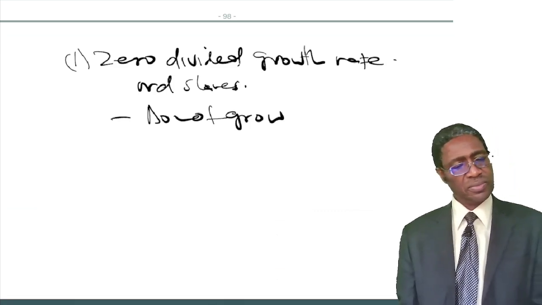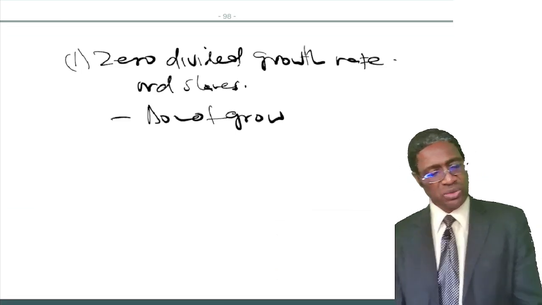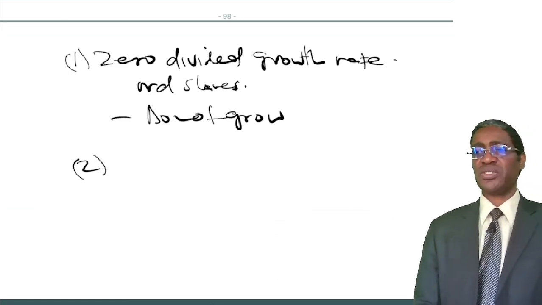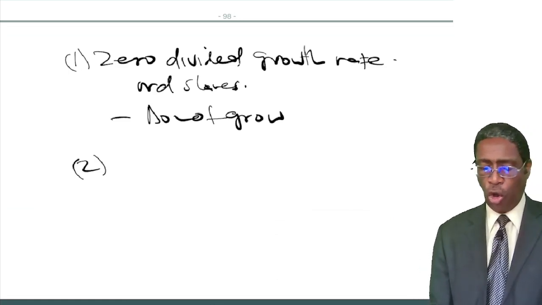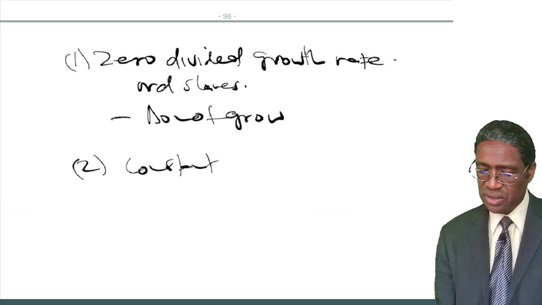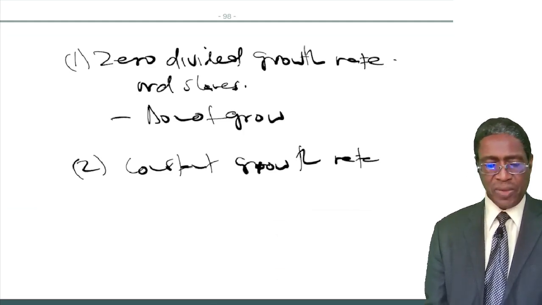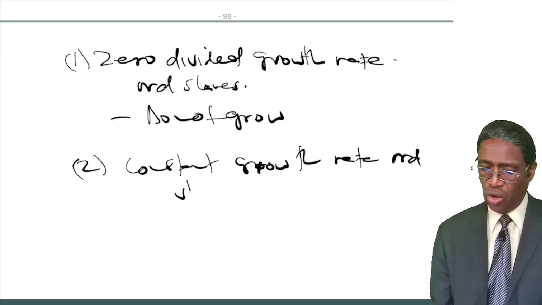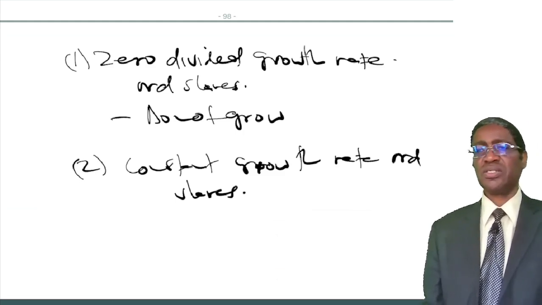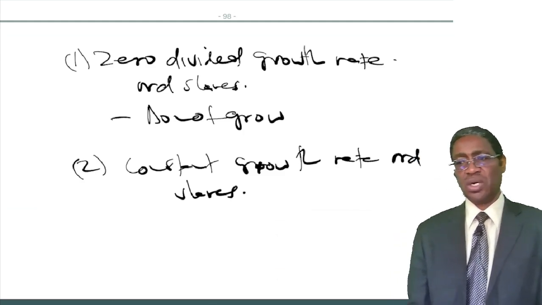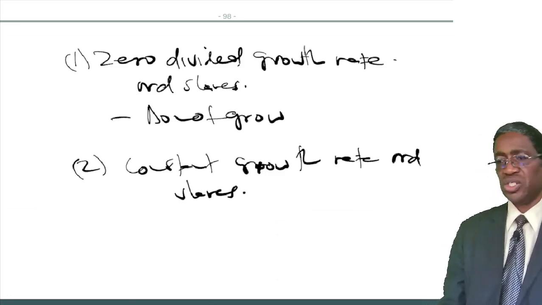Number 2, let's put down something first before we quote the formulas. Constant growth rate ordinary shares. That was the second category of ordinary shares.